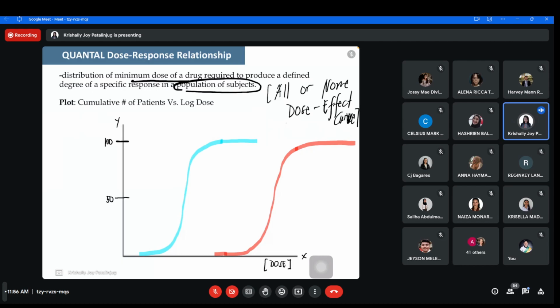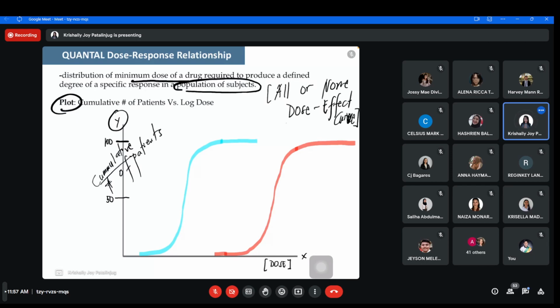Okay? So yung makikita natin sa plot ng isang quantal dose response relationship, instead of absolute numbers of degree of responses, katulad kanina for the y-axis, di ba sa y-axis kanina is more on responses. This time, yung nasa y-axis of the graph for quantal dose response curve is more on the cumulative number of patients, or cumulative number of population.